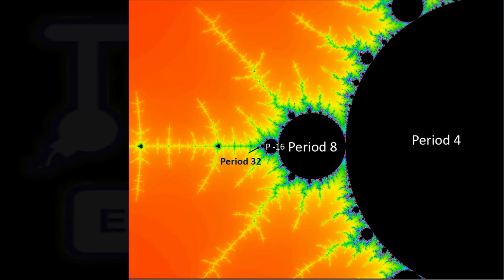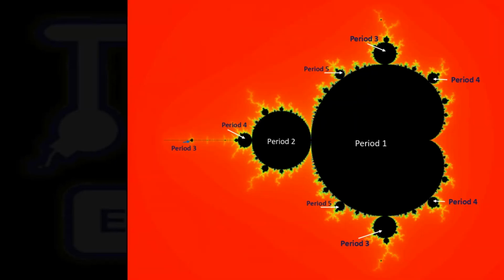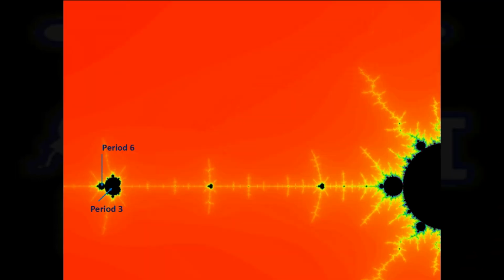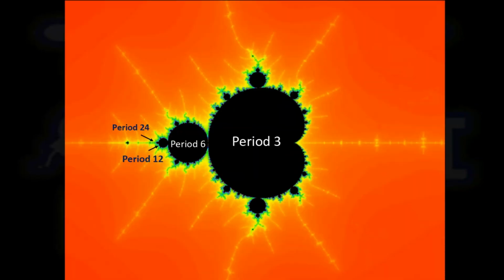Further, if we choose a baby shape on the negative real axis, it may have a period other than 2 in its primary component, but as we zoom in the negative direction, the phenomenon of the doubling cascade is found here also. For example, the periods 3, 6, 12, 24 and so on. We can see that on the main cardioid there are bulbs attached to it having regions of different periods.